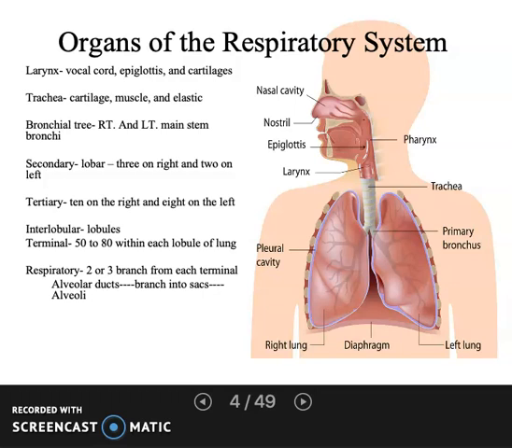The trachea is the main trunk leading to the lungs. It's a ciliated mucous membrane, and it's actually surrounded by cartilaginous rings. And again, a critical purpose of these rings is to maintain an open airway. In fact, they're incomplete C-shaped rings.